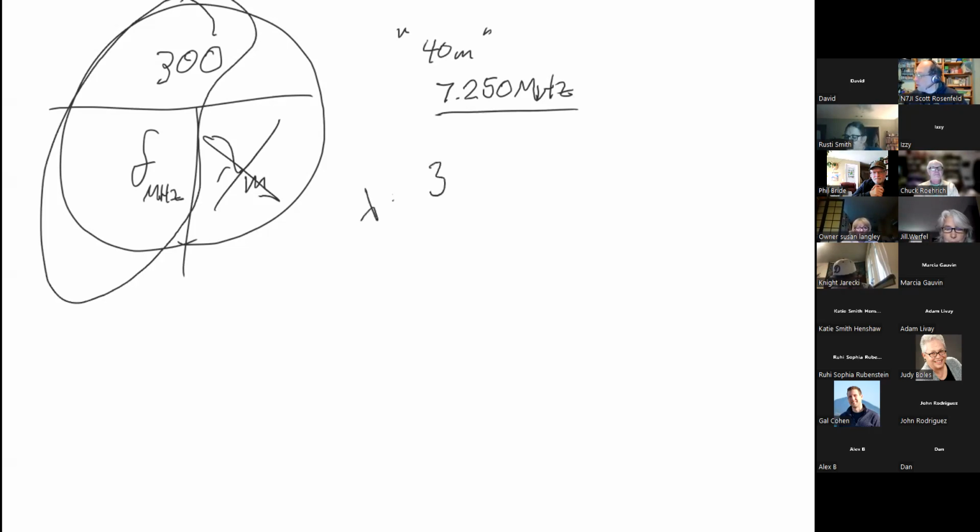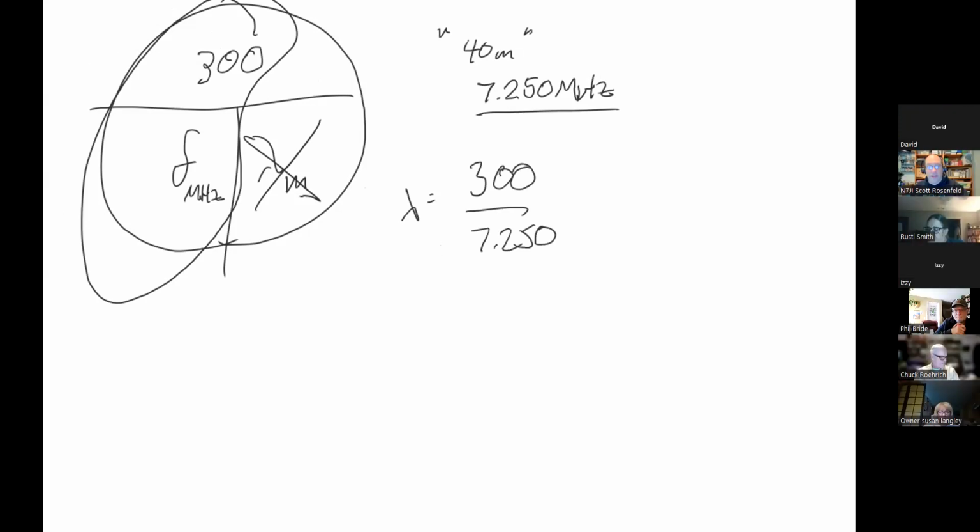Wavelength is equal to 300 divided by 7.250. And because I can't do that correctly in my head without making some mistakes, 300 divided by 7.25 is 41.37, I'm going to round up, 41.38 meters. Okay, so that is a full wavelength. How long did we say we want that antenna to be?